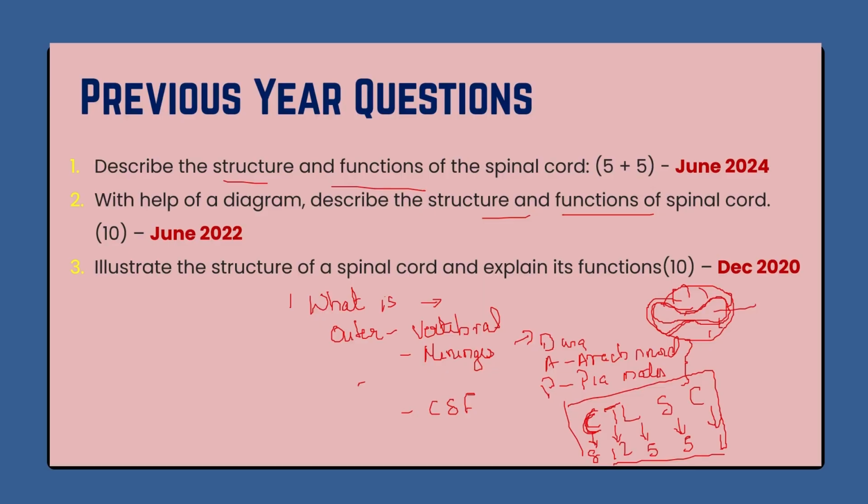You can show the gray matter and then the white matter. You can show the nerves coming out. A basic diagram would be good for you, and then you can draw the spinal cord, the shape of it, and show the five parts. Which are the five parts? CTLSC. Show these five parts, and with that you have drawn it. You can describe the parts, structure, function, done, 10 marks.